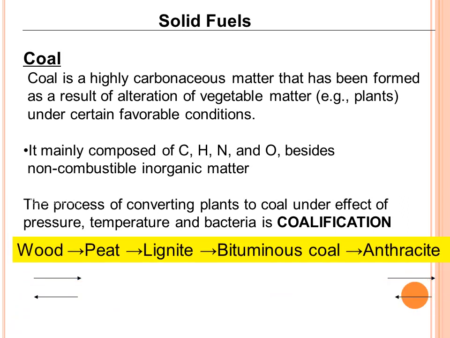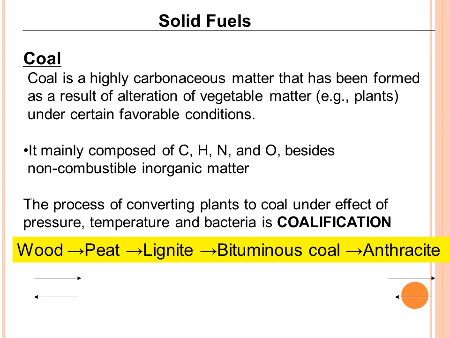These are the different grades, or ranks, of coal: wood, peat, lignite, bituminous, in which subbituminous also comes, and the last one, anthracite.